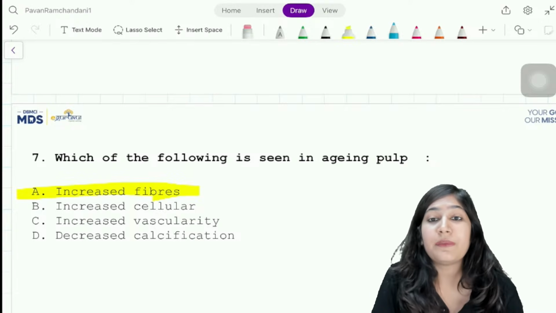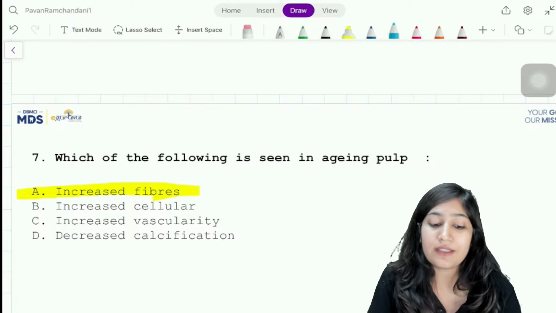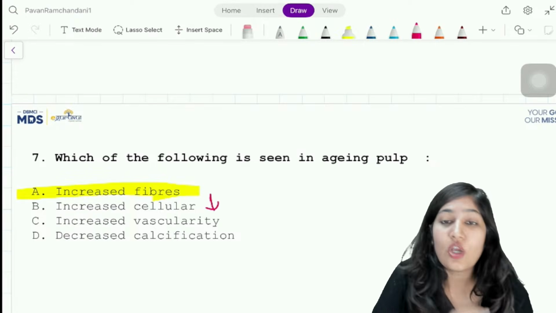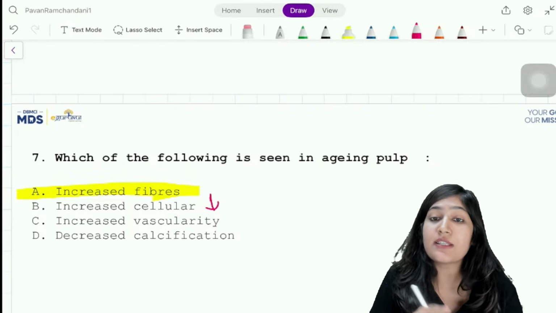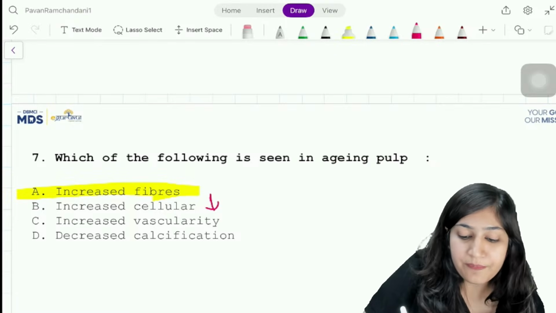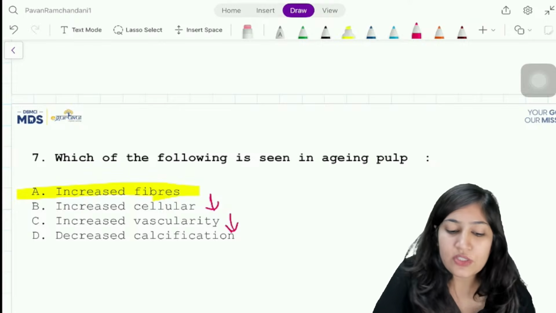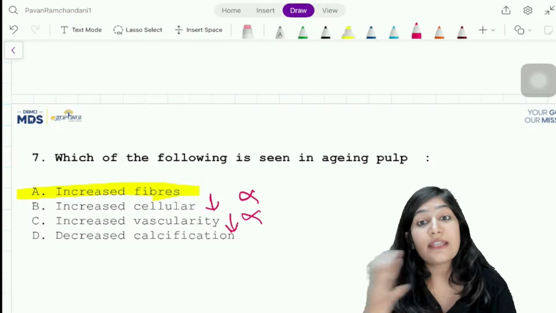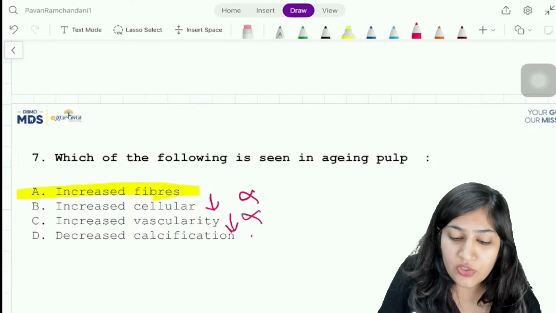Volume of the pulp mainly decreases. Cellularity decreases, it doesn't increase. Vascularity, the number of blood vessels, also decreases with age. So this is also not correct. Calcifications increase with age, so this is also not correct.